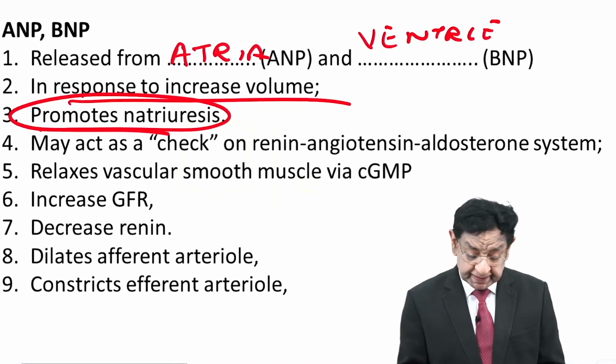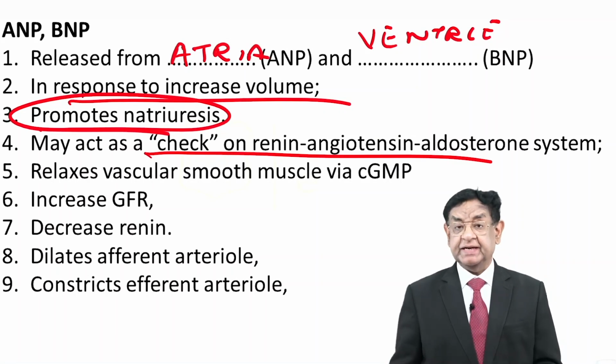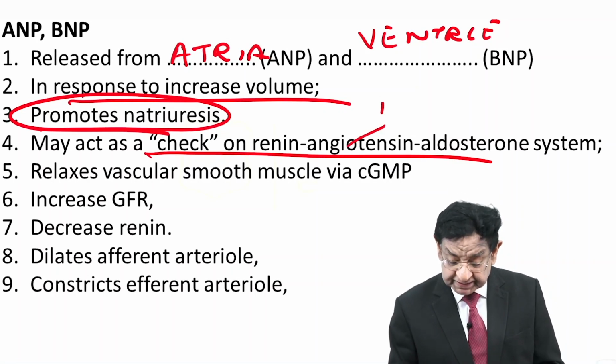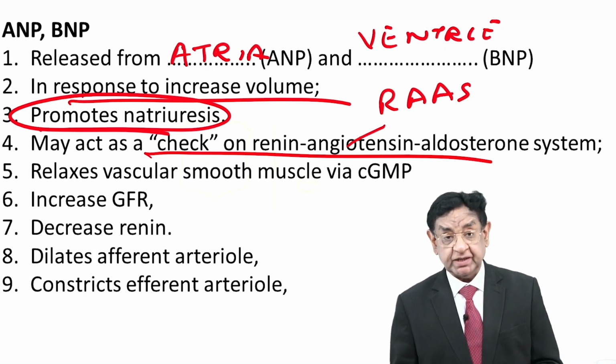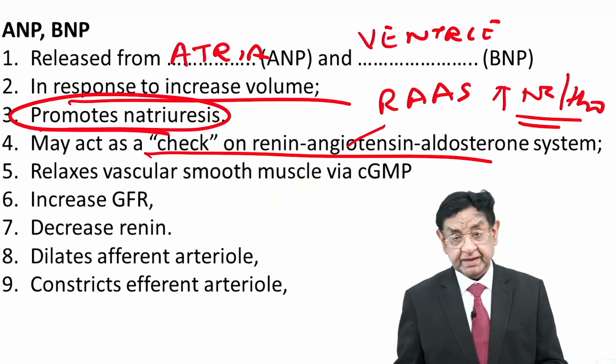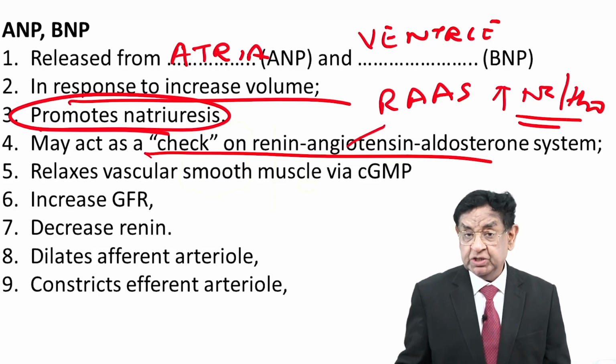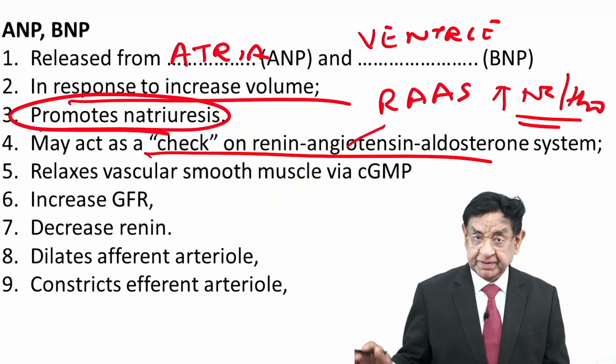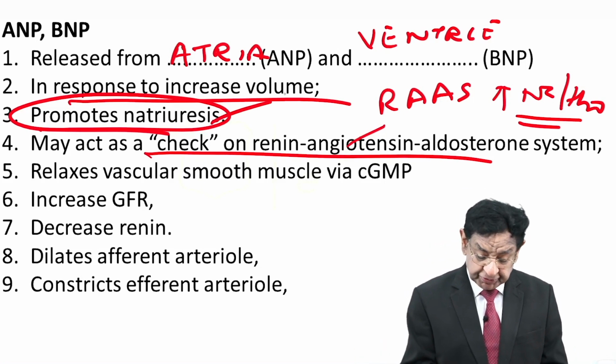So they keep a check on renin angiotensin. We are well aware of this RAS system, the so-called renin angiotensin aldosterone system, which tends to absorb sodium and water. And who will keep a check? ANP and BNP. Once the extra sodium and water comes in, ANP and BNP are released, and they lead to natriuresis.